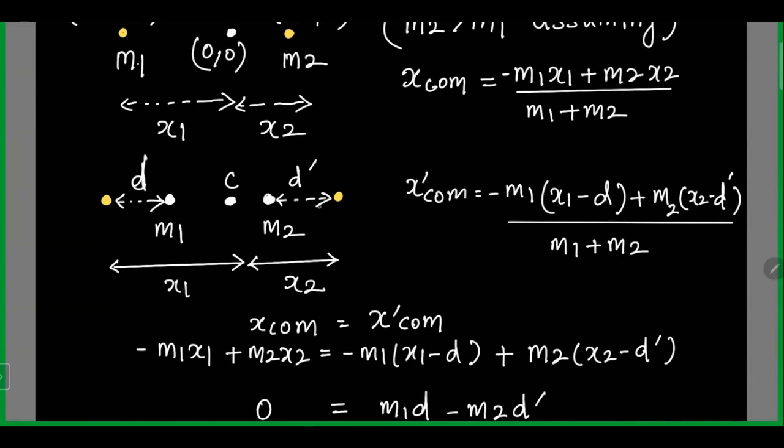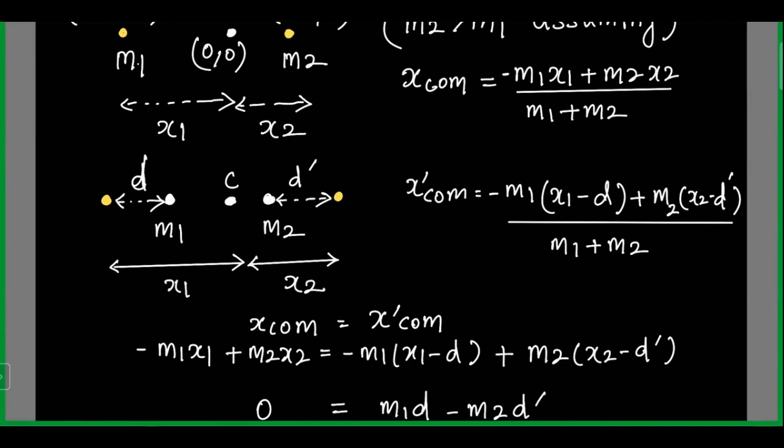Now by how much distance should the second mass move so that your center of mass does not change? If I move mass m1 by distance d, I have to move mass m2 by d dash, and I need to find d dash.